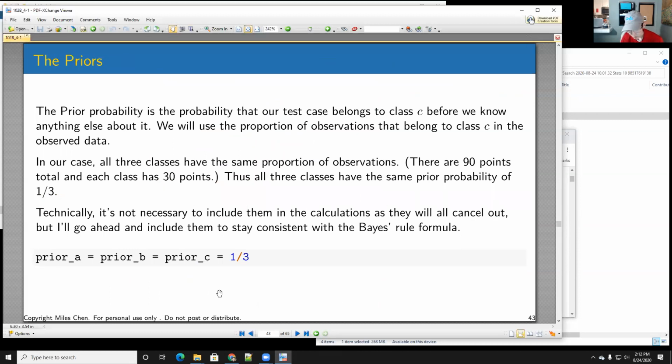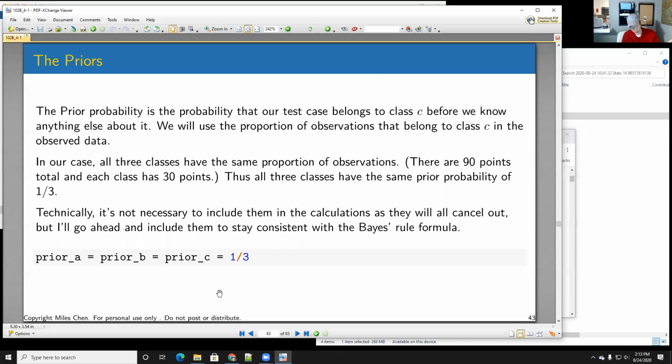As far as the prior probabilities go, in our training data we have 90 observations total, and 30 came from A, 30 came from B, and 30 came from C. So the prior probabilities are going to be 1/3 for each of these. Because all three classes have the same prior probability, technically we don't even need to include them because they're all going to cancel out in the numerators and the denominators.